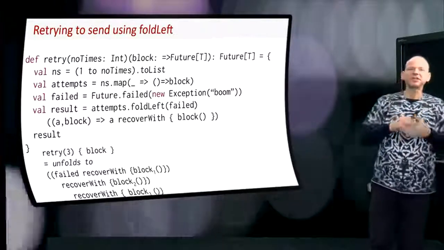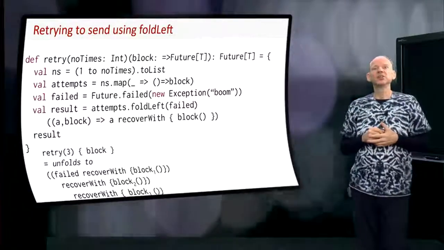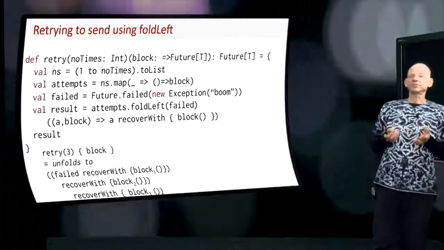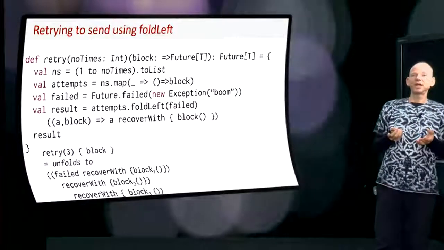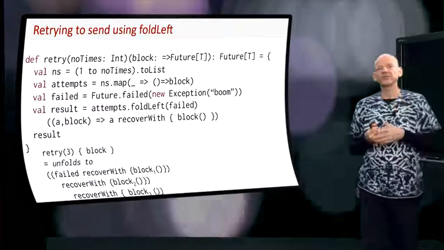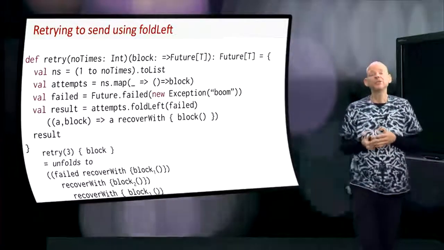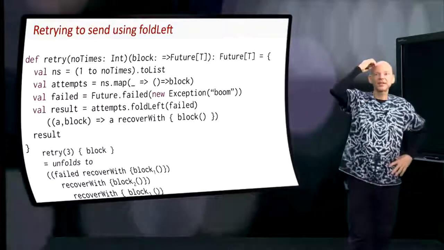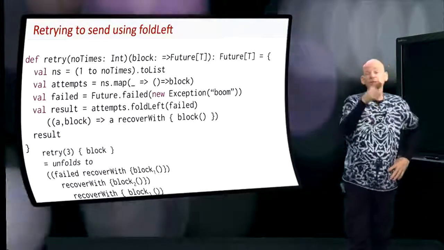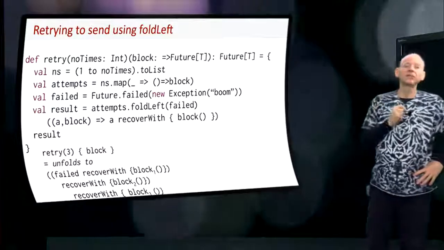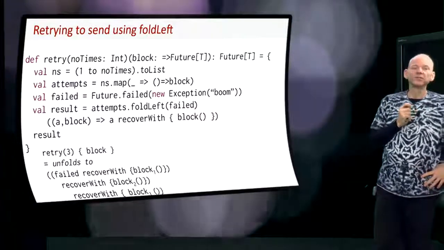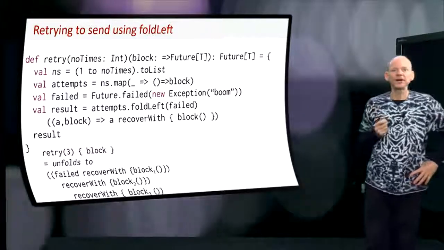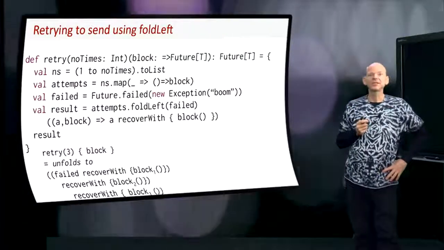And here is the solution. If we want to use fold, and in this case we'll start with foldLeft, we need a list. How do we create a list? We can create a list from the number of times. So we'll create a list from 1 to numberOfTimes.